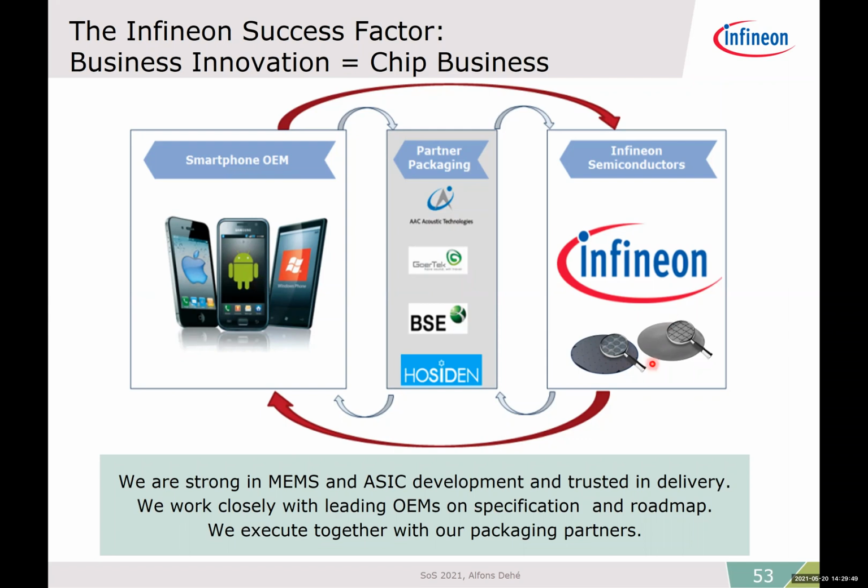Why is not Infineon directly selling to those in a package? If you look at those names, Hosiden, BSE, Goertek, AAC, these are traditional companies that did in the past these electret microphones. So in the early 2000 years, they were busy and having the whole market for microphones. When then some guy comes up and is delivering a new technology, they would have lost all their business.